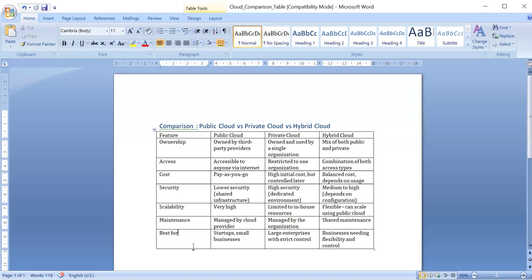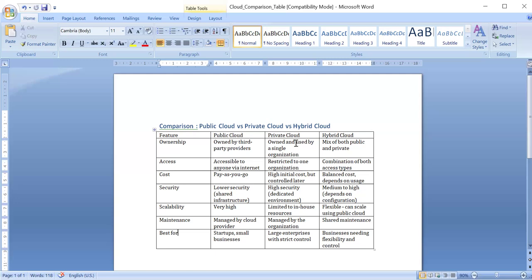Then application, what each is best for. Public cloud is used for startup companies or small businesses. Private cloud is used by large companies, large enterprises.